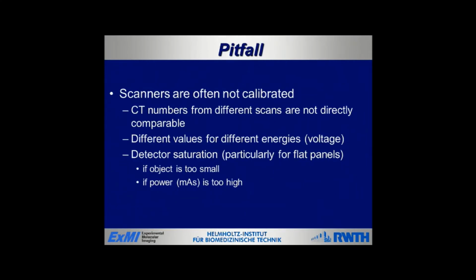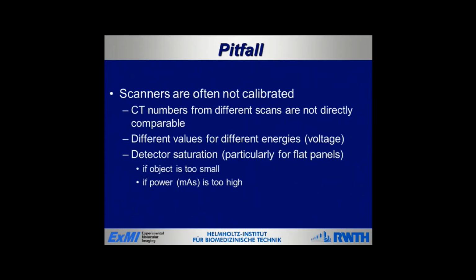Particularly, micro-CT scanners are often not calibrated. This you should know here. So you sometimes have problems comparing CT numbers from different scans. You should always consider that CT numbers depend on the energy that you apply. It also means that if you measure your object at different energy levels, the CT numbers might be different.